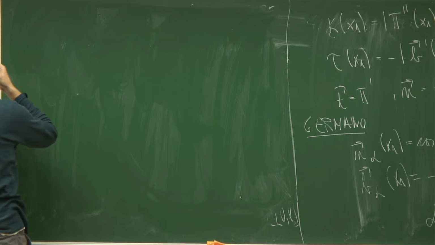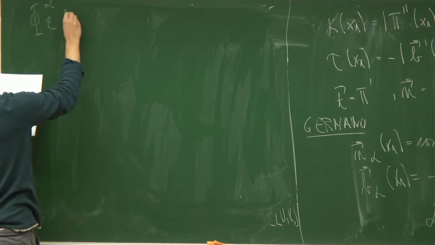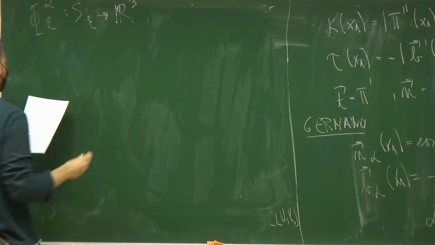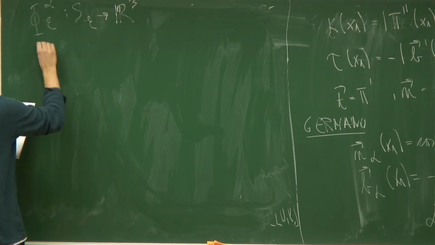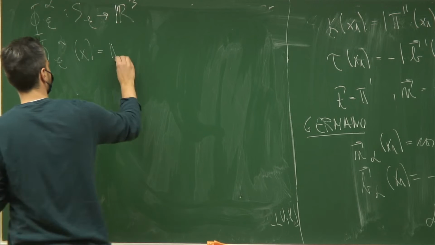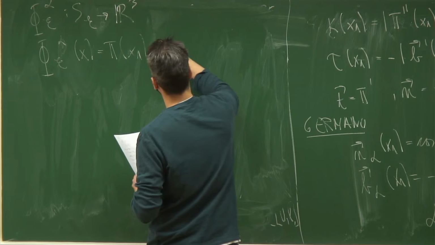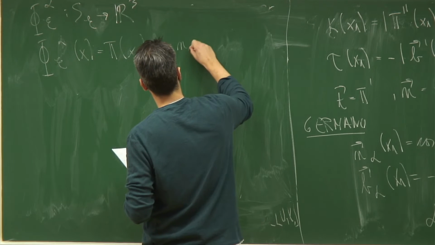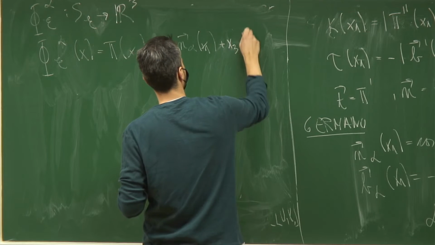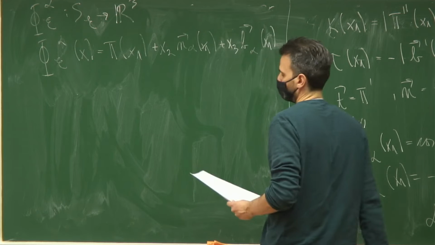For example, we can denote it with phi alpha from S epsilon to R3, in the following way: pi of x1 plus x2 n alpha of x1 and so on.